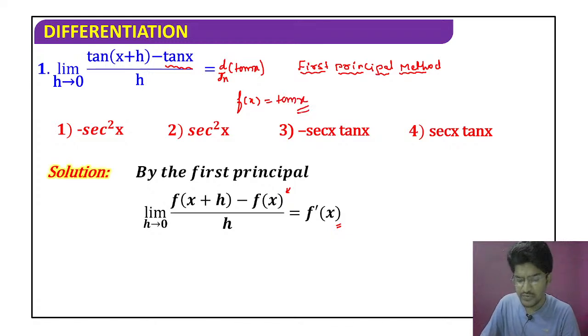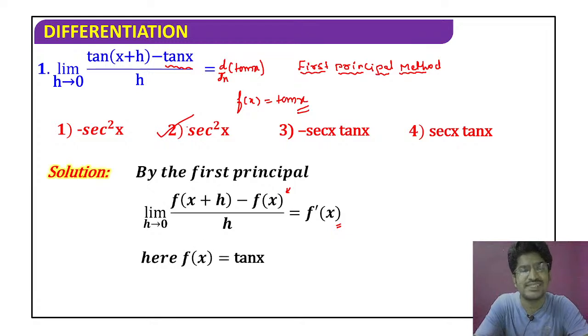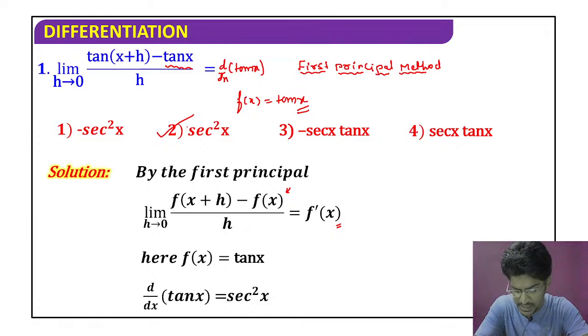So like this, if you have an idea of a function and the first principle method with the differentiation, clearly you can understand that if I differentiate tan x, I will get secant square x. So therefore the answer is going to be secant squared x. Clear? Here f of x is tan x and the differentiation of tan x is secant squared x.